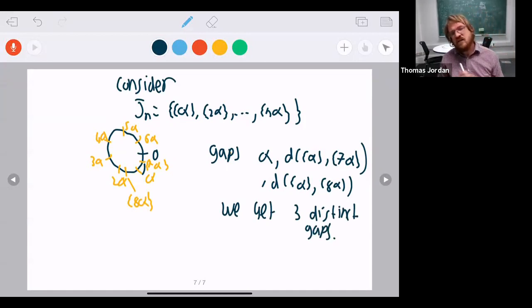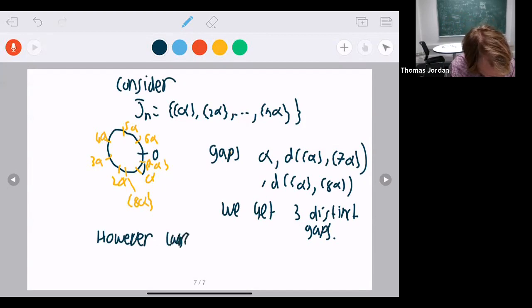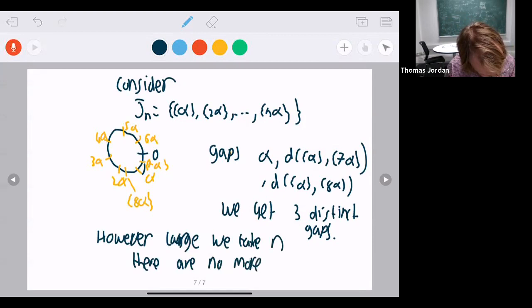And now, despite the fact that we saw the circle is nicely distributed, it hits any interval and it actually hits it with a given frequency, however large we take n, there are no more than 3 gaps.